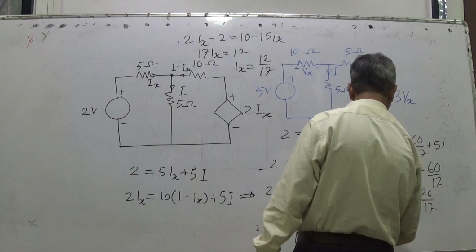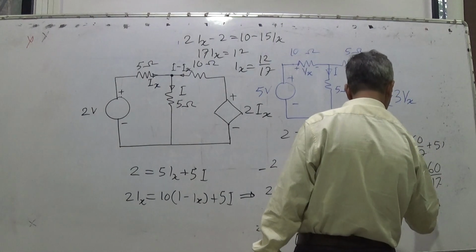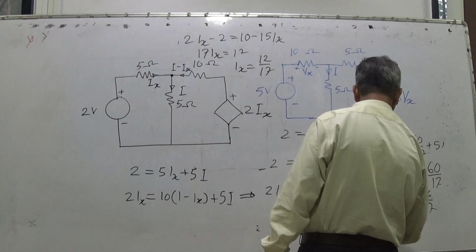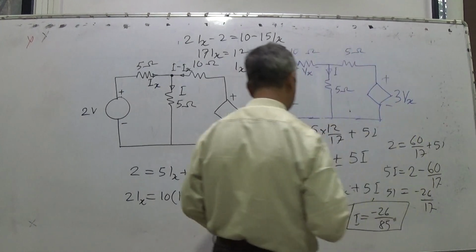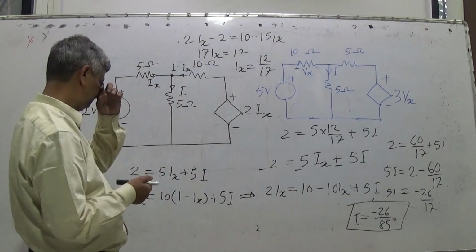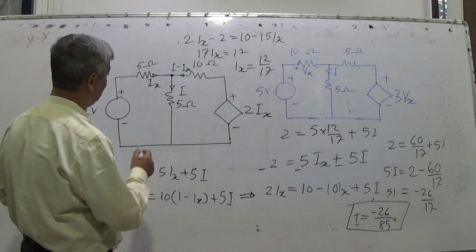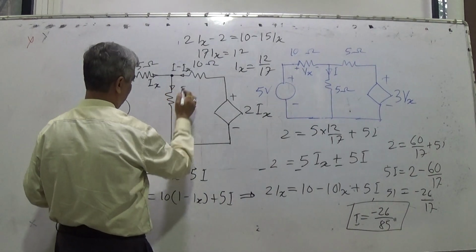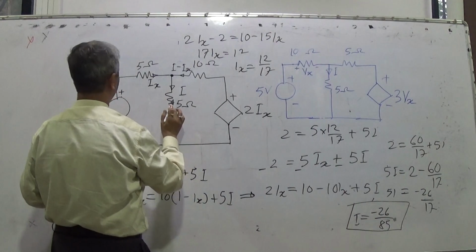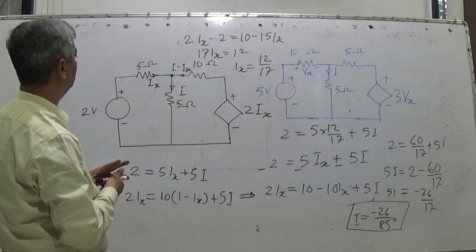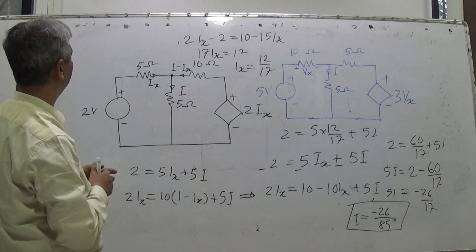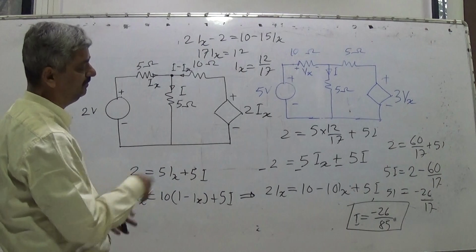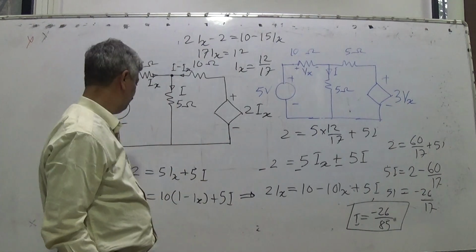So I is equal to minus 26 upon 85. Effectively the current will be flowing in the opposite direction. We may have made some mistake there, which you can verify. This is the value of the current we obtained.